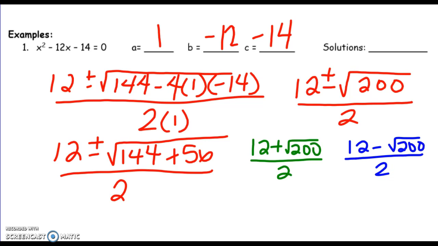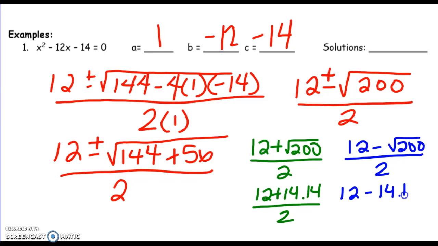Now we can simplify square roots, but we have not gotten into that yet. So we're just going to approximate the square root of 200. If I type that into my calculator, that's 14.14. So 12 plus 14.14 divided by 2, and 12 minus 14.14 divided by 2.